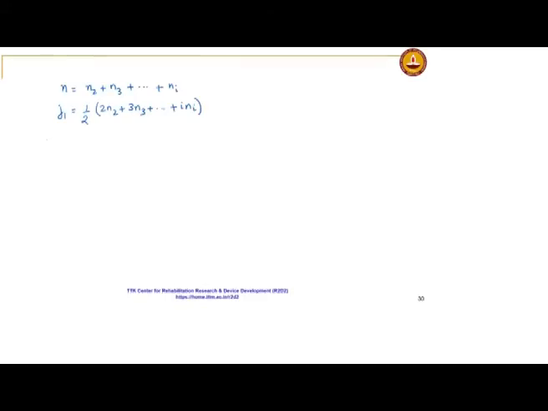This gives me m equal to 3 into (n minus 1) minus 2 j1.